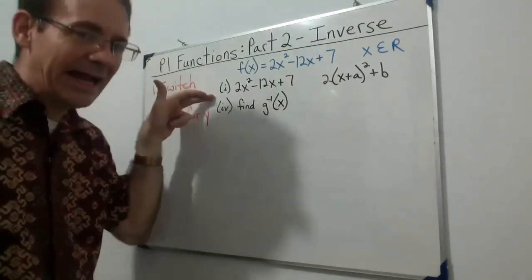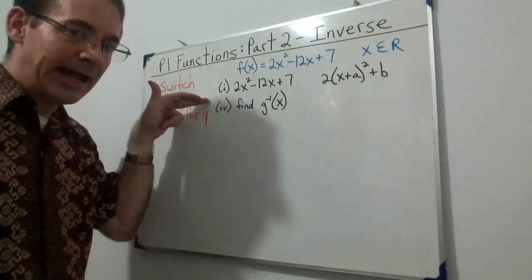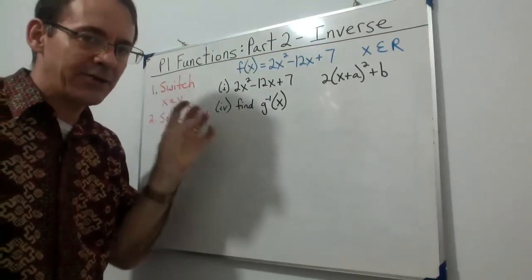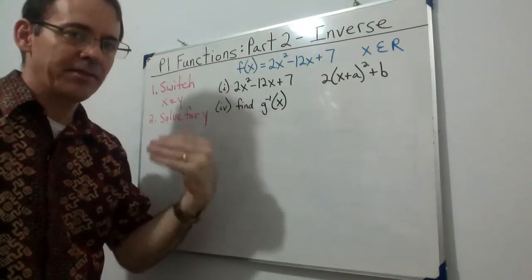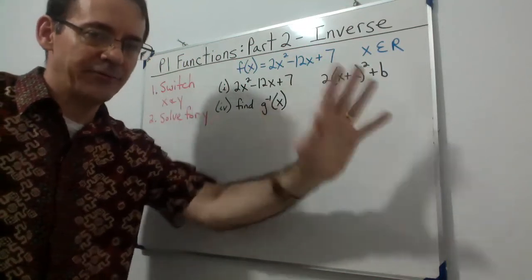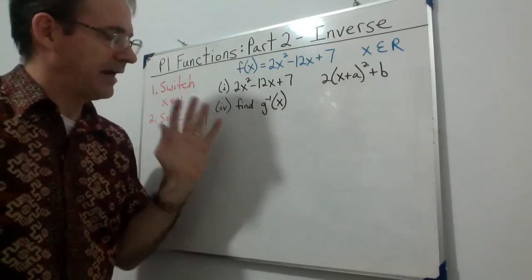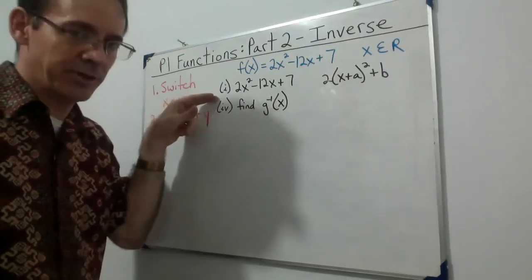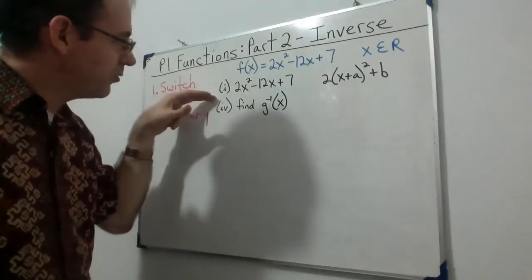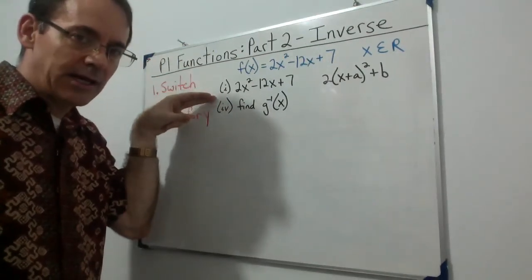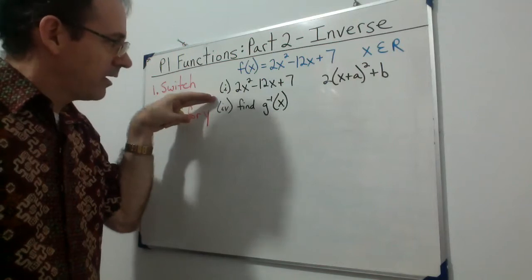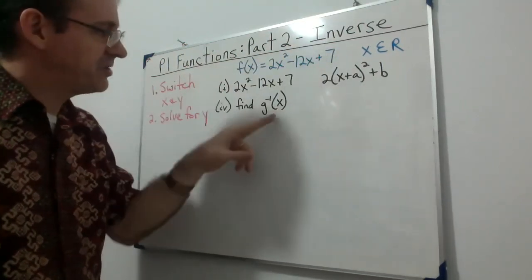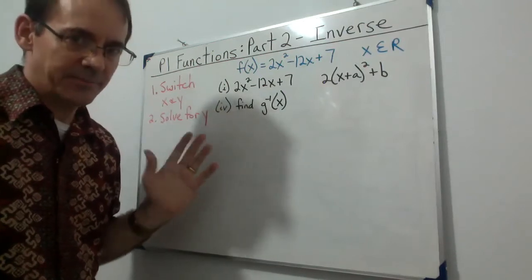Now part II and part III actually get into domain and range issues that I will address in a future video. I don't really want to take the time to get into that now, so I skip those. In those two questions, the function up here is changed into g of x, okay?